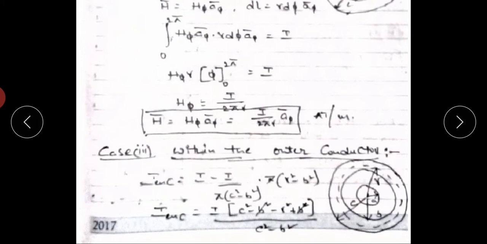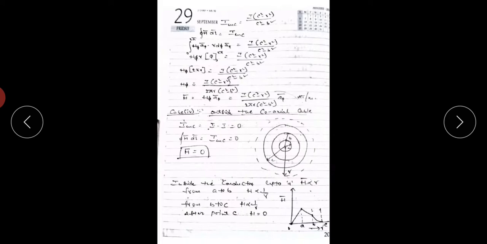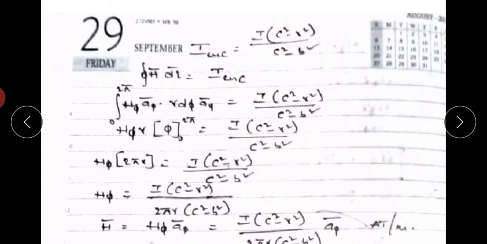Up to the outer surface, the area equals πC², up to the inner surface, πB². So outer conductor area equals πC² − πB². Up to the ampere path, the area equals π(R² − B²). So finally I enclosed equals I times (C² − R²) by (C² − B²).